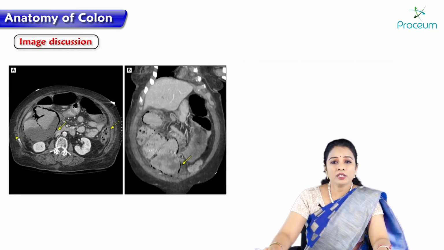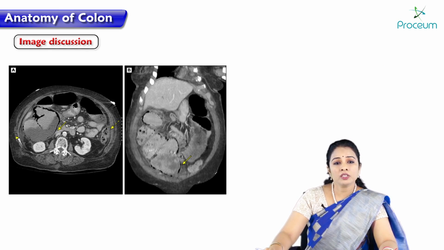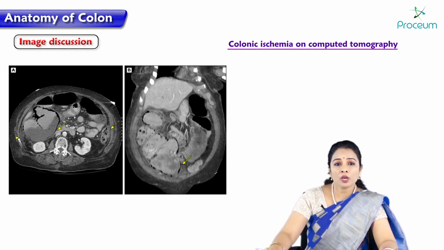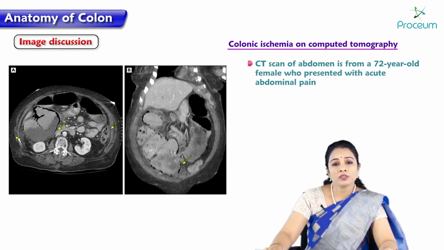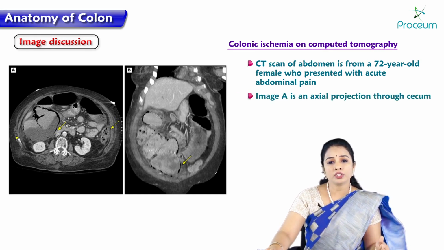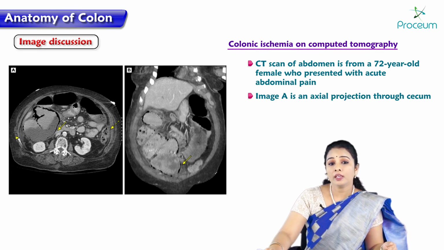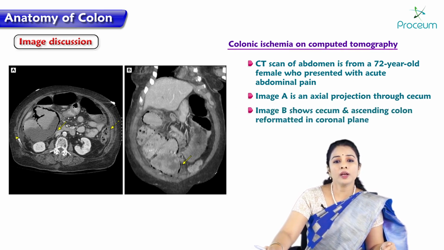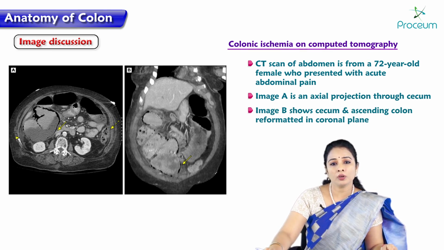The next image is a CT image, colonic ischemia on computed tomography. The CT scan of the abdomen is from a 72-year-old female who presented with acute abdominal pain. Image A is an axial projection through the cecum, and image B shows the cecum and the ascending colon reformatted in the coronal plane.